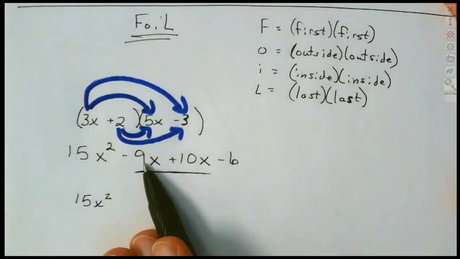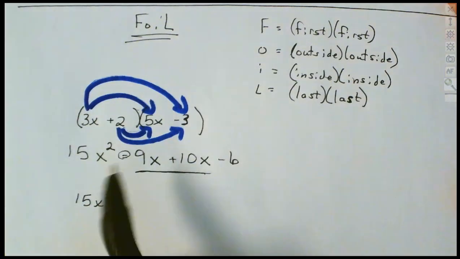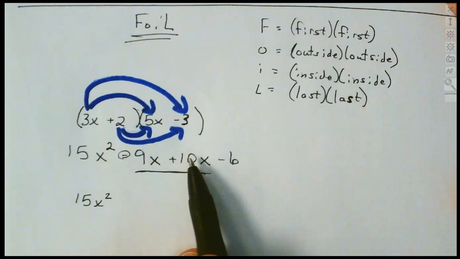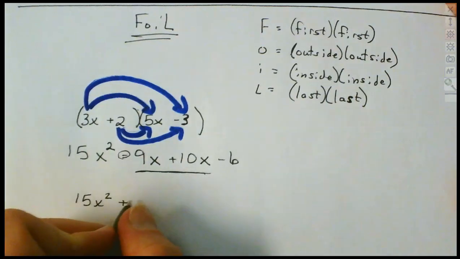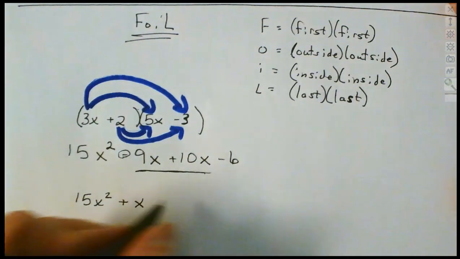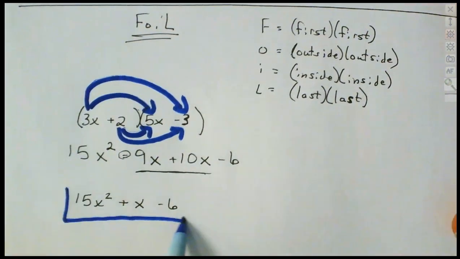And then the minus 9x and the positive 10x, those can go together. Minus 9 plus 10 is a 1. We don't have to write the 1, we can just write an x. And then what's left over? Minus 6. So there is your answer after we FOILed it out.